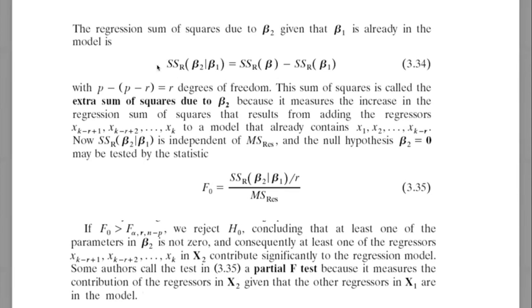Now, associated with this regression sum of squares due to beta 2, given that beta 1 is in the model, are r degrees of freedom.